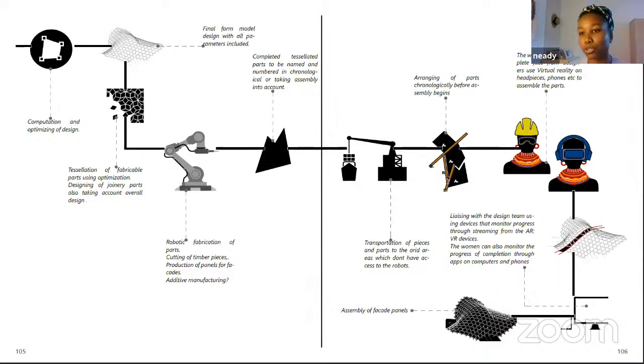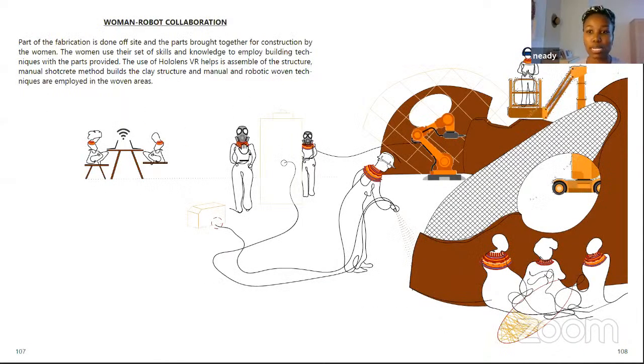So I thought of using virtual reality headsets and phones, and an alliance between designers. The designers could even be outside the region, but the women use the virtual reality sets and digital methods to come up with the design and assemble it on site, as is seen here.